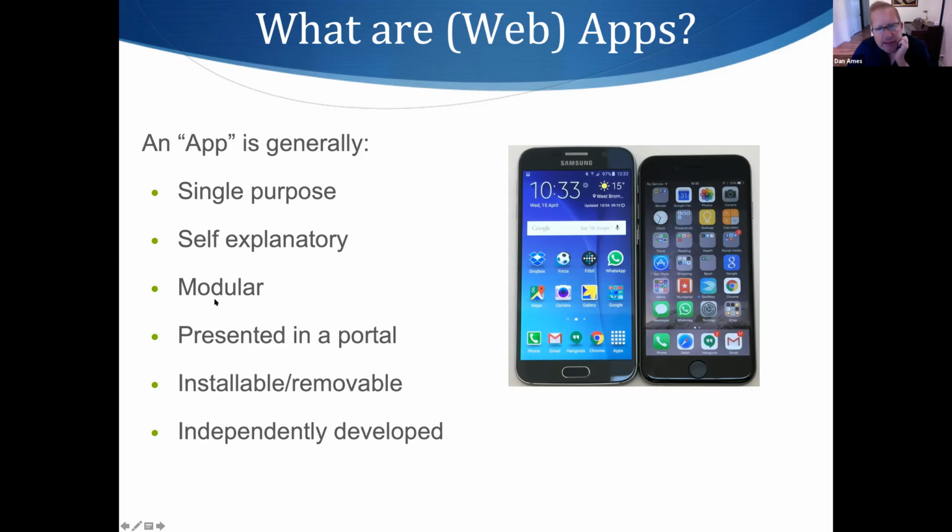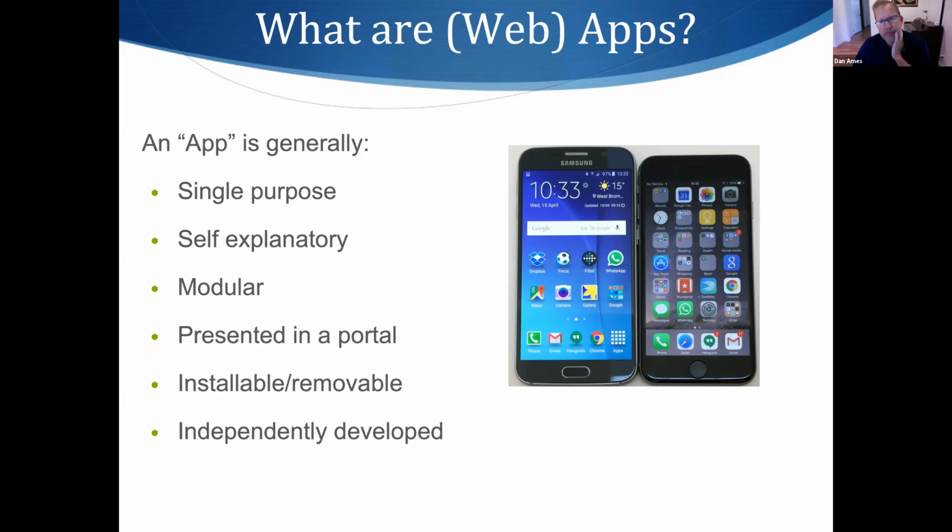Modular, meaning that it lives by itself on your phone. It's not necessarily connected to all the other apps on your phone. Presented in a portal. What's the portal? Well, here's the portal. It's your phone home screen. Installable and removable. You can install each app independently and remove it independently. And then independently developed, meaning each one of these things was created by a different company or a different individual developer.